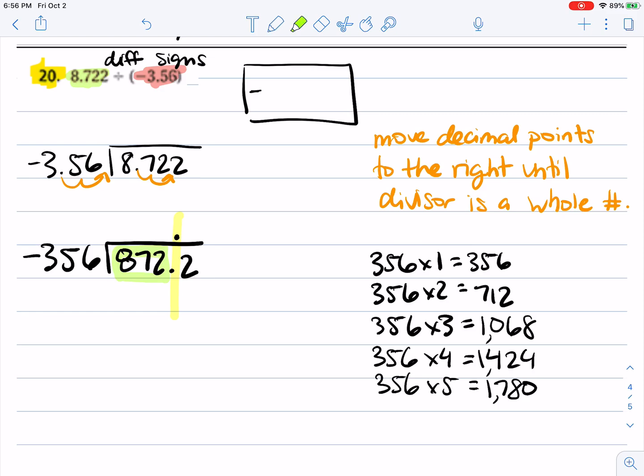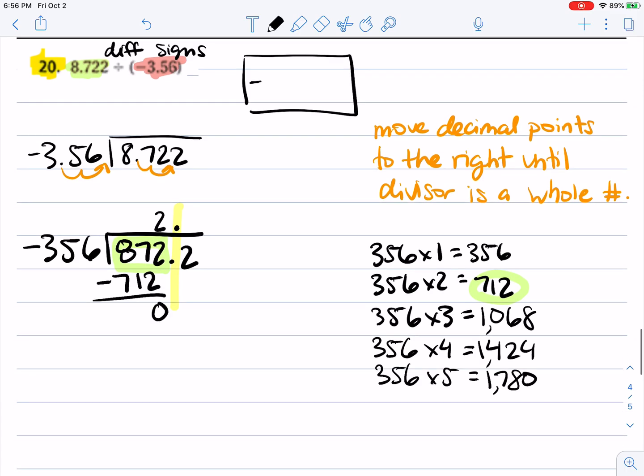And then I look at the list that I've made, and this is the biggest number that I can subtract from that. So right above the last digit of the 3 that I picked out, I'm going to put 2. Now I subtract 712, 0, 6, 1.